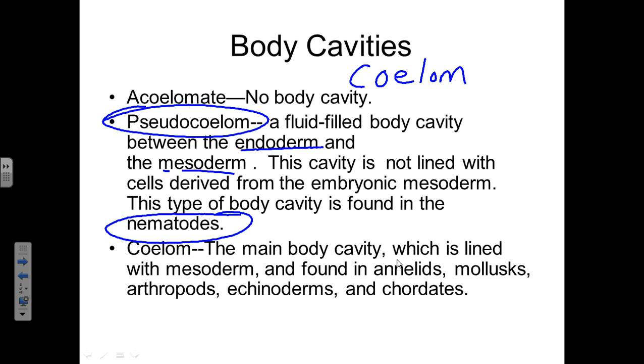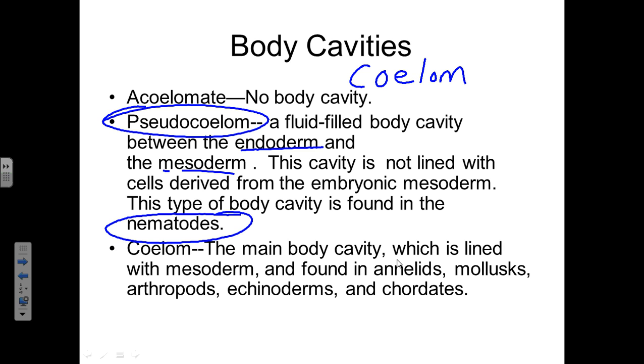It's not really a fake body cavity, but it's a body cavity made differently than body cavities are typically made. The main kind of body cavity, the regular coelom, is found in most animals: segmented worms, mollusks, arthropods, echinoderms, and chordates.